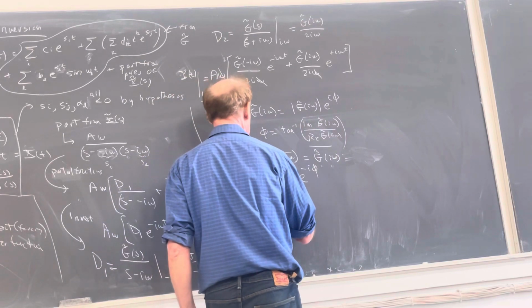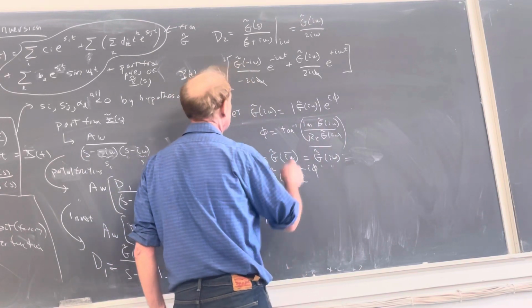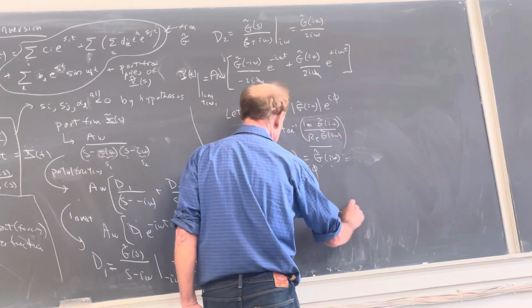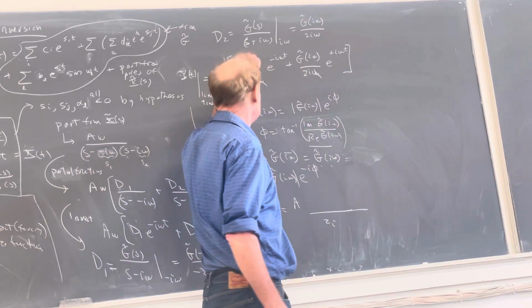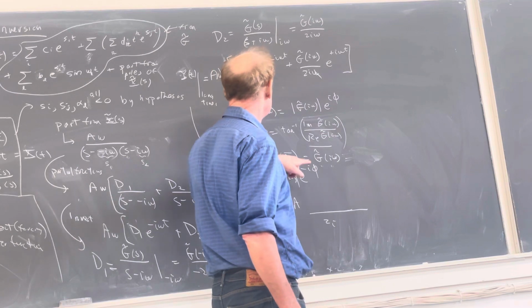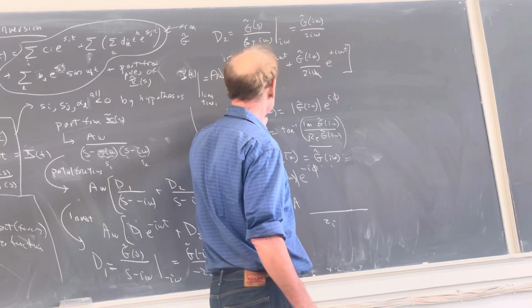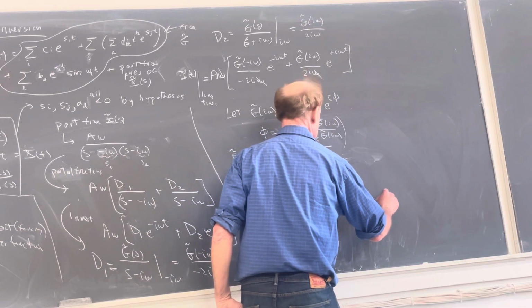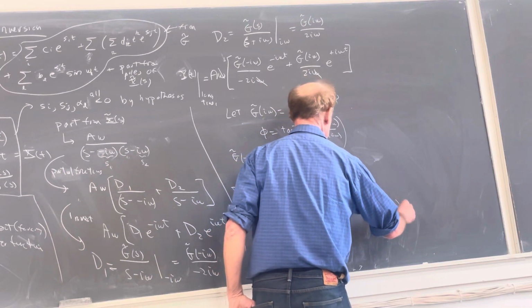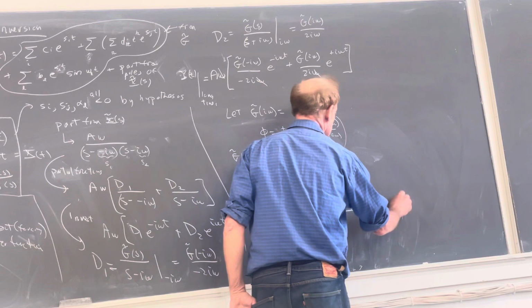is equal to a times, and I'm going to factor out 1 over 2i. Let's do this term first. G of i omega, that's G tilde of i omega, that's this. G tilde of i omega, magnitude.